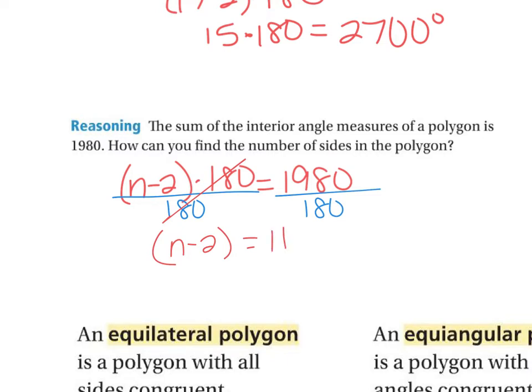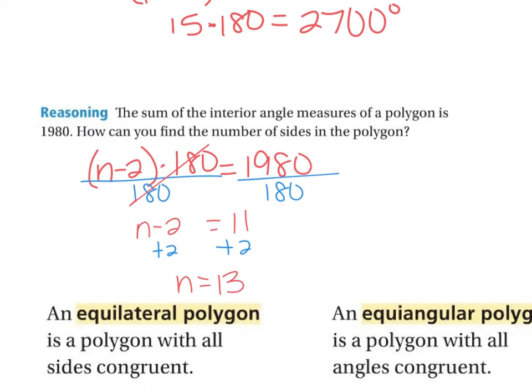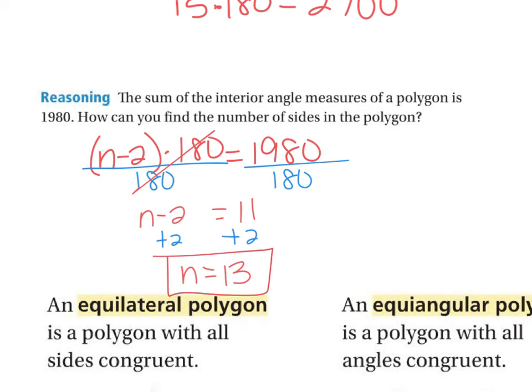Now, since there is nothing left on the left except for the set of parentheses, the parentheses aren't doing anything. They're not separating that from anything, so it is perfectly fine, and actually you're going to see me do this a lot, I am going to drop those parentheses because they're not doing anything. Right now we just have a one-step equation, so we're going to add 2 to both sides. That would mean the number of sides for this would be 13. And that is our answer.